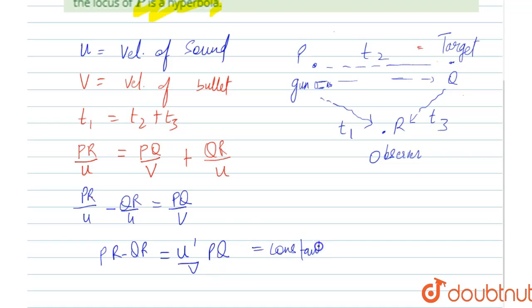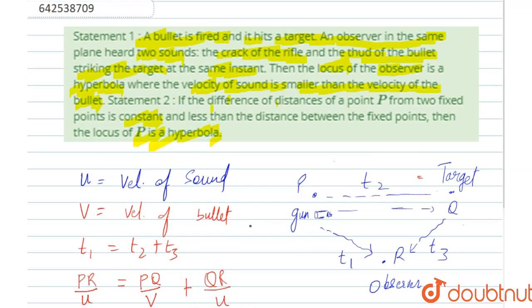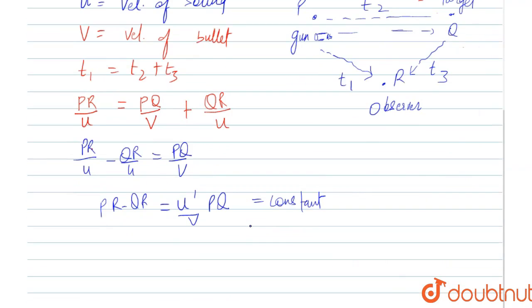because the velocity of sound upon the velocity of bullet, into the distance between the gun and the target, is constant according to the question.